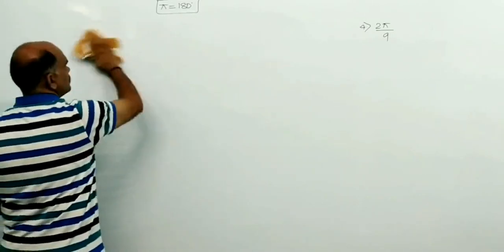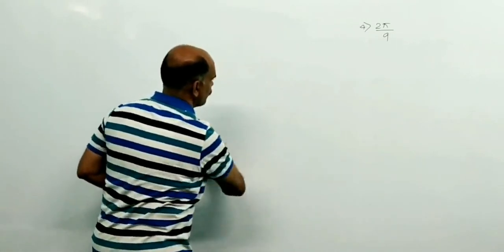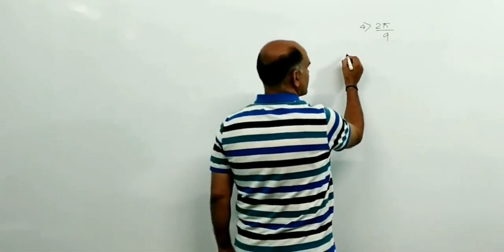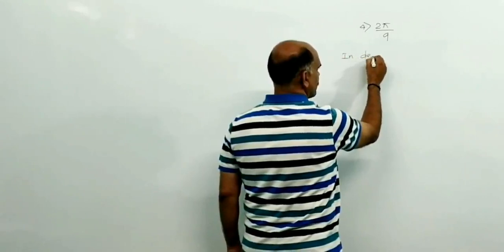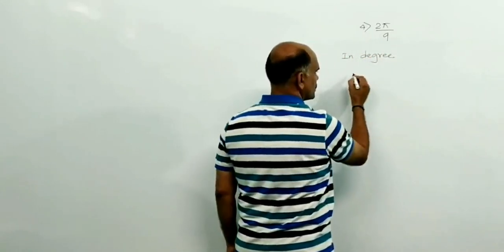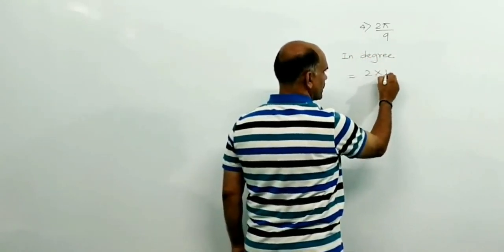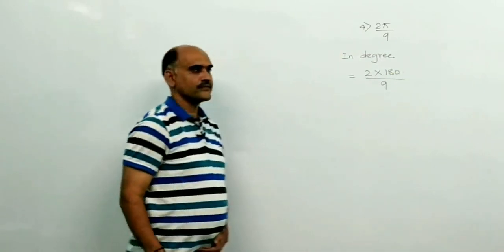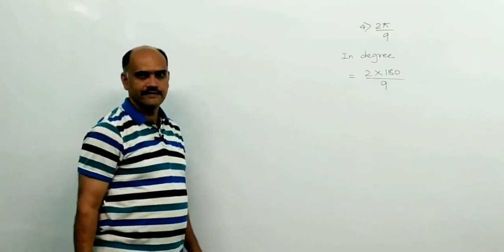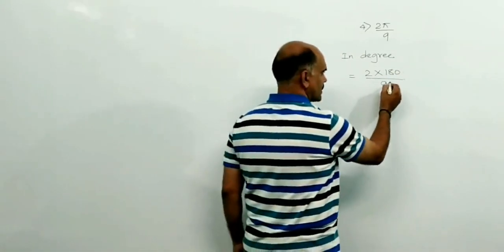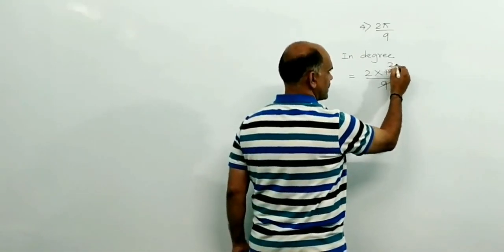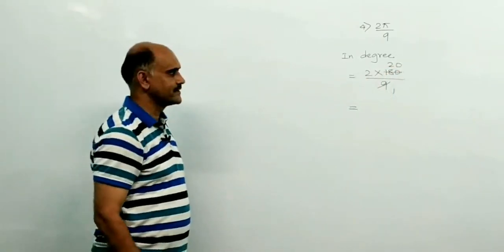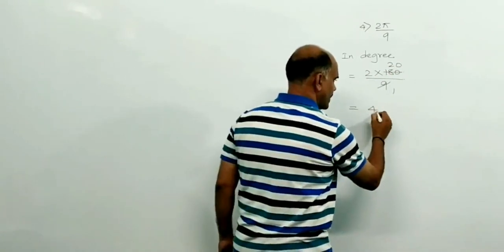So in degree, you will have 2 into 180 divided by 9. So 9 2s are 18, 0. Now you multiply these two: 20 into 2, you will have 40 degree.